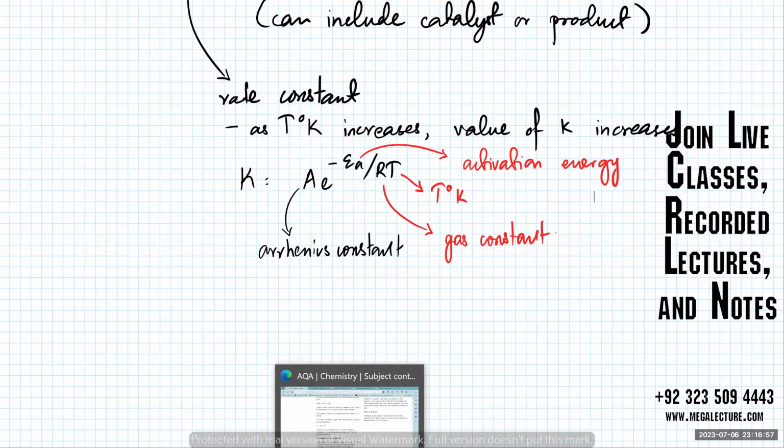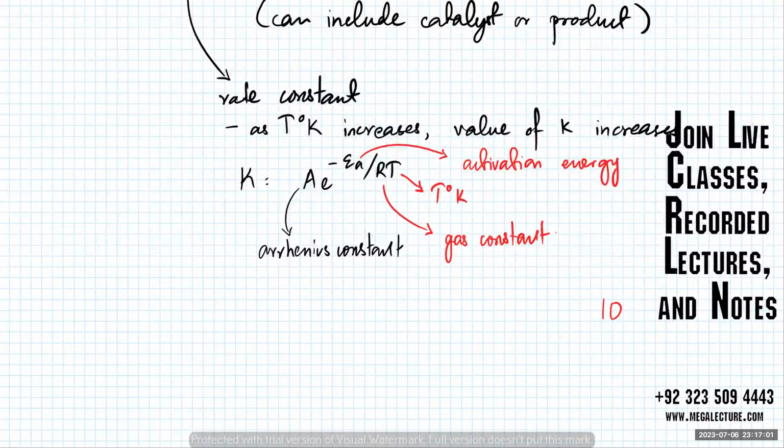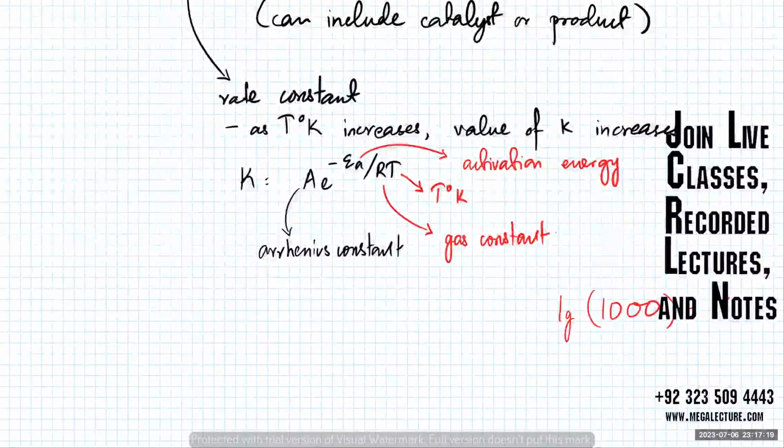Okay, so log basically expresses values in the powers of 10, right? So for example, if I have 1000, what's the log of 1000? Like, 10 to the power of what is 1000? Okay, so it's going to be 3, right? So log basically expresses values in the powers of 10.